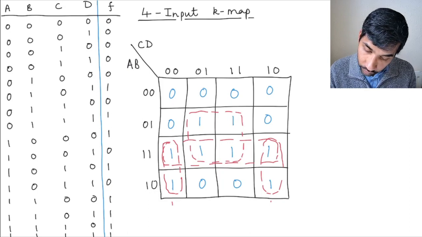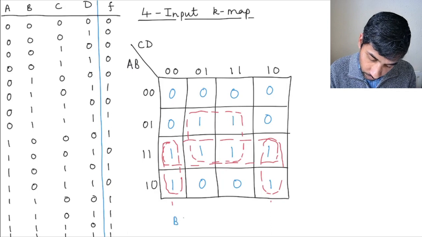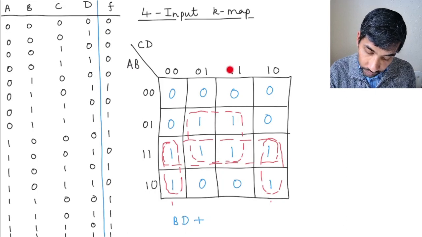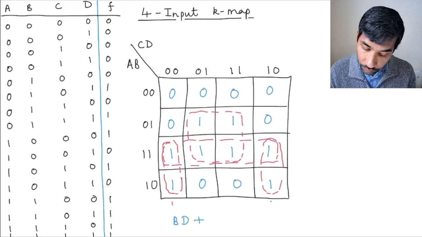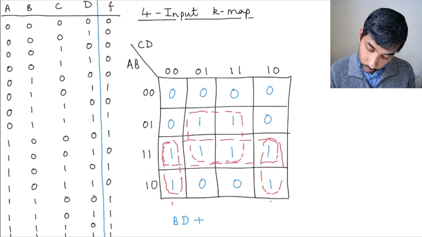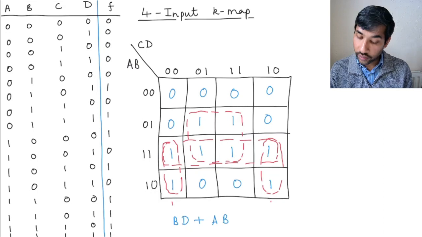So my min term is going to be B D. Okay, and then you have an OR, and then you write the min term for, let's say, this group of four ones. In this case, you're taking all the possible combinations of C and D, so they don't come into the equation at all. You only have A and B coming in, right? So you have A B, okay, so that's the minterm corresponding to that.